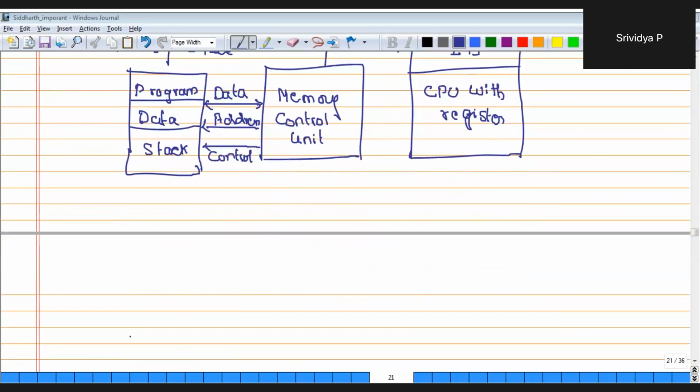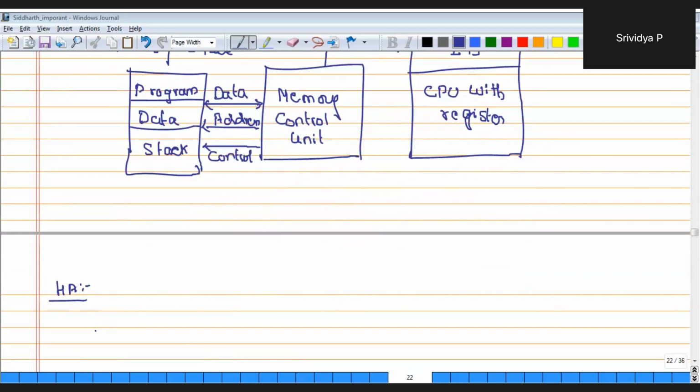Going on to Harvard architecture, in this architecture, the memory control unit has a distinct memory address space for the program and data memory. Separate control signals for data transfer from data memory and program memory are required.